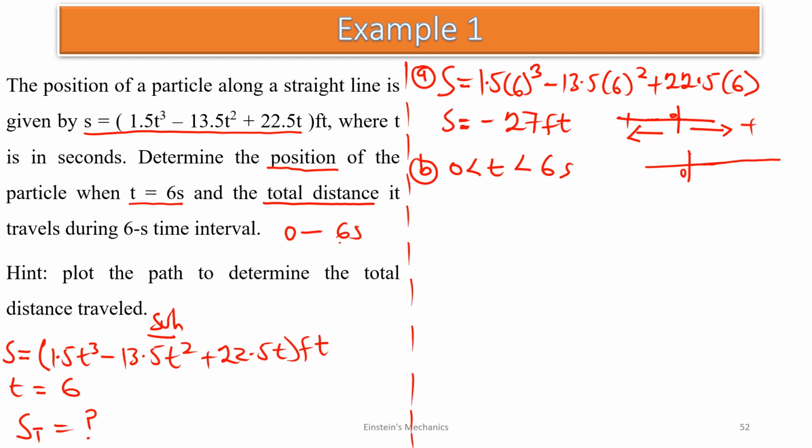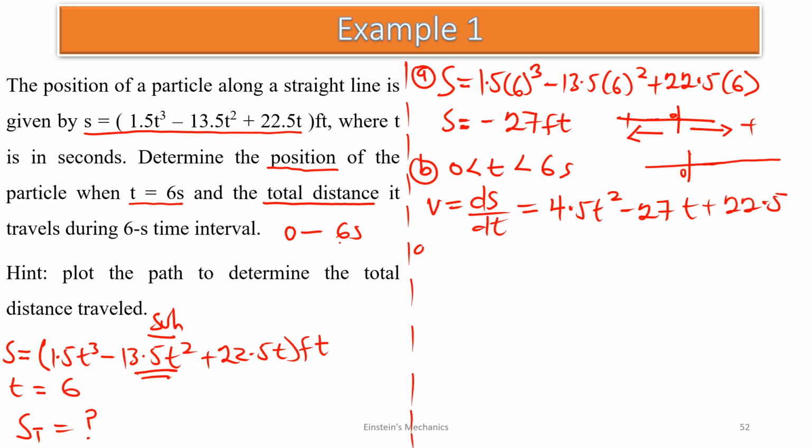So from the position expression, our velocity v, which we know is the derivative of this function, is going to be, differentiating the x function, 4.5t^2 - 27t + 22.5.